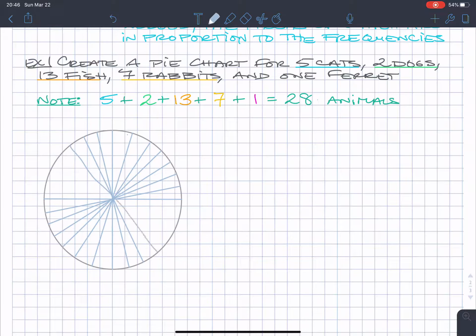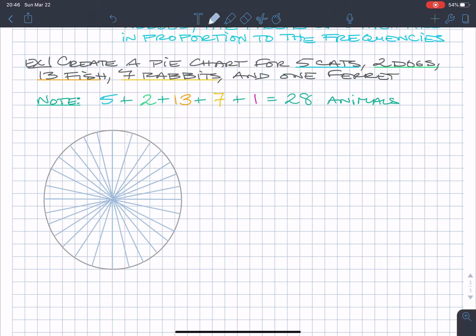Okay, so imagine, if you will, that that was 28 equal parts.